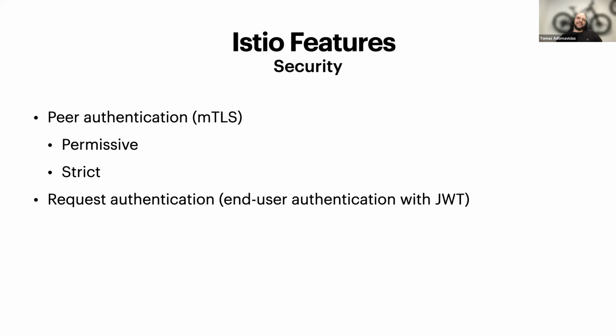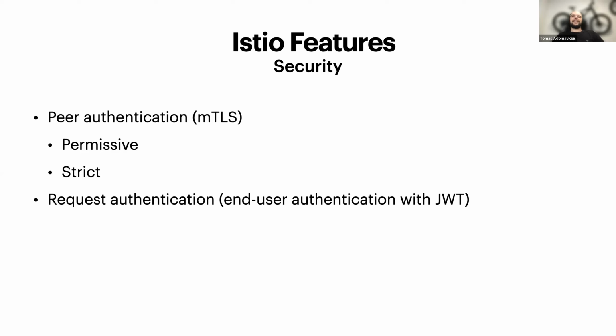Request authentication. That's an interesting and very powerful feature. So Istio is able to inspect JSON Web Tokens, or JWTs, if your requests have them. I think most of the modern services use JWTs for authentication and authorization.